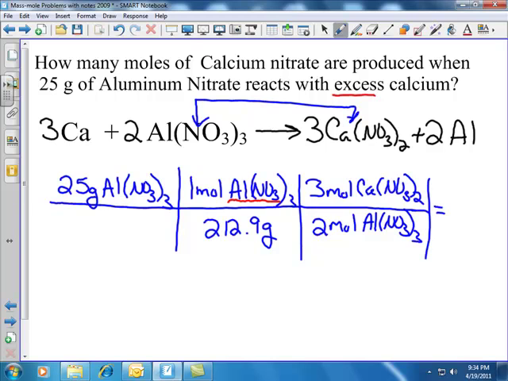And in my T-box, cross out, and do the math. In this case, this ends up being 0.176 moles of CaNO3 2.